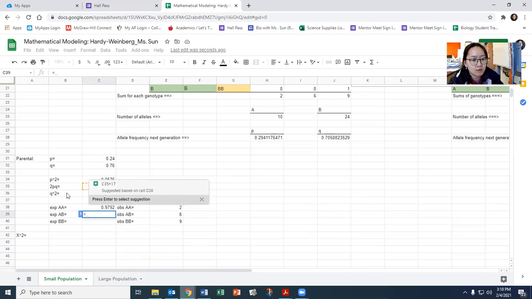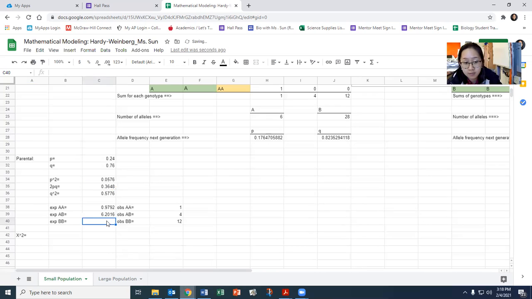And over here, we're going to have this times 17, because again, that's our population size for my data. And then over here, we're going to have this times 17 one last time. And we're going to do some rounding just because these numbers are kind of iffy, but you always want to make sure afterwards when you round that there's a total that matches your total population size.